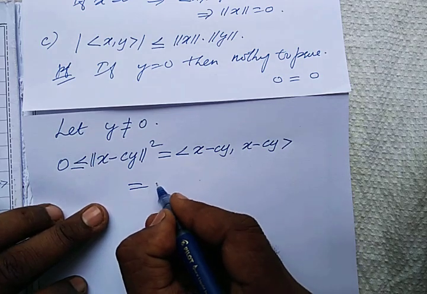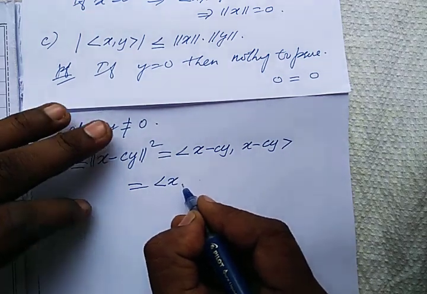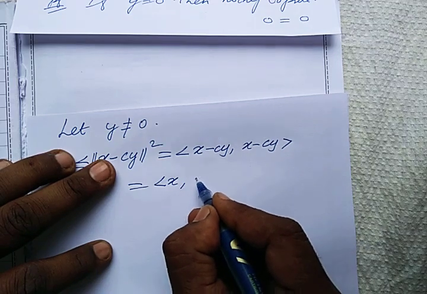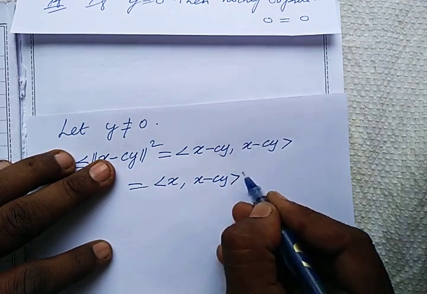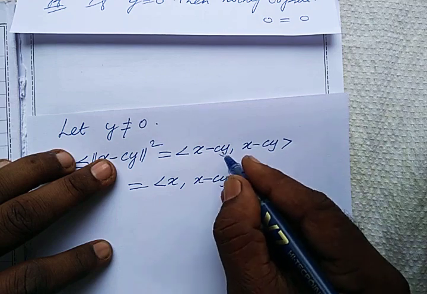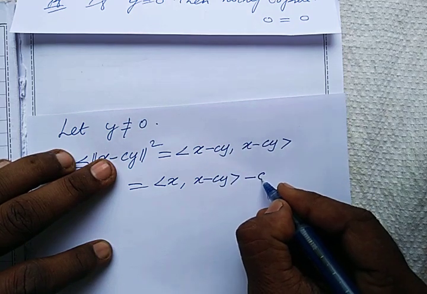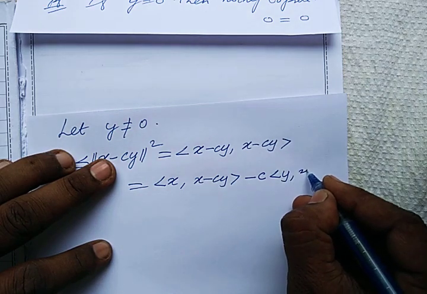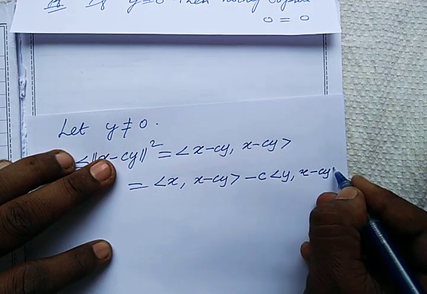This can be written as inner product of x comma x minus cy, just splitting the first component, minus, taking c outside, minus c times inner product of y comma x minus cy.